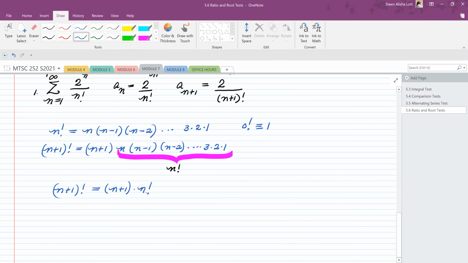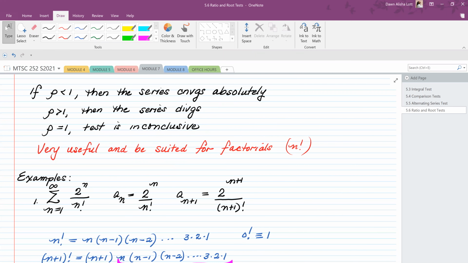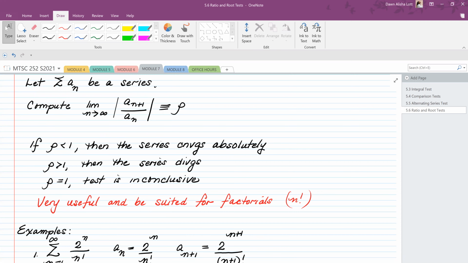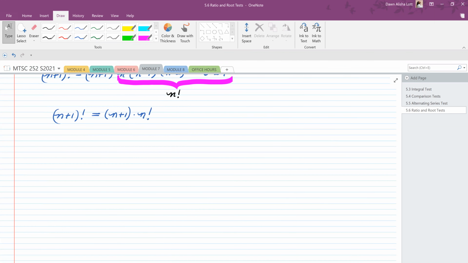Okay, so this is useful in trying to determine whether this series converges or diverges. The test says compute the limit. We want to see what happens to the ratio of an plus 1 over an, and we will get some number rho. Okay, so let's compute that.